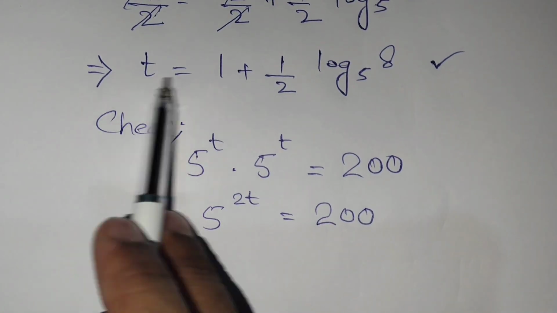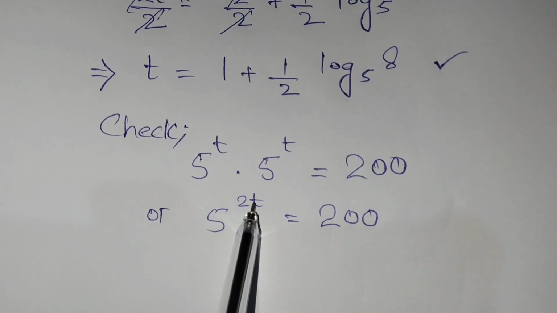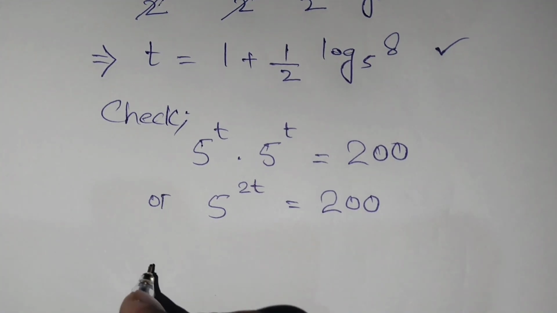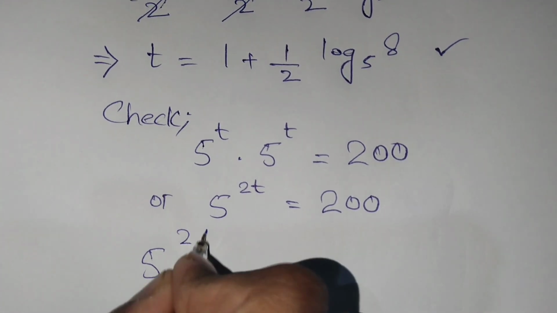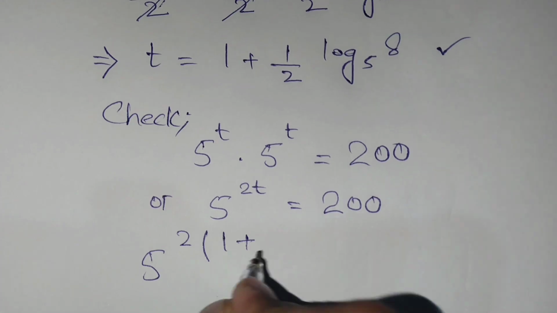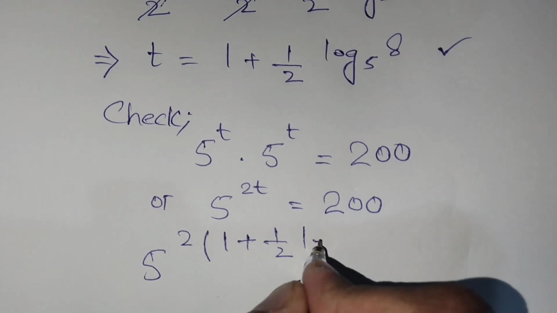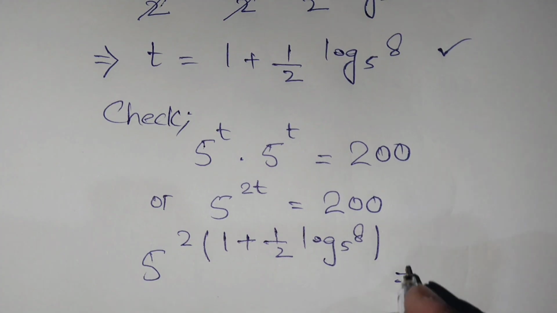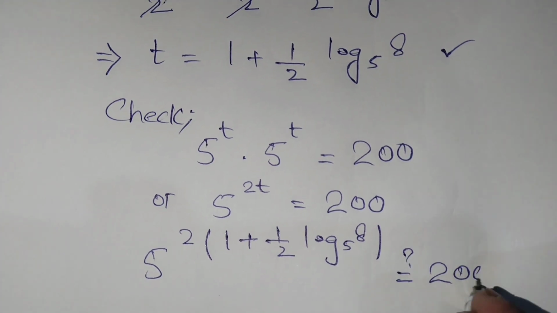Now we'll put this value of t here in this exponent. 5 power 2 times 1 plus 1 by 2 log of 8 with the base 5 equals 200.